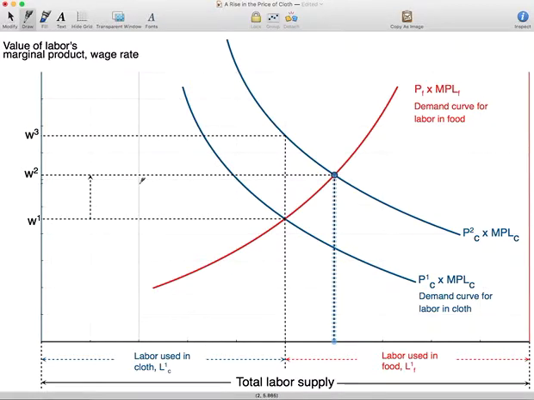What we end up seeing here is that here's the original amount of labor used in cloth. A portion of the labor that's used for food production, some of those individuals, will shift from food production over to cloth production.